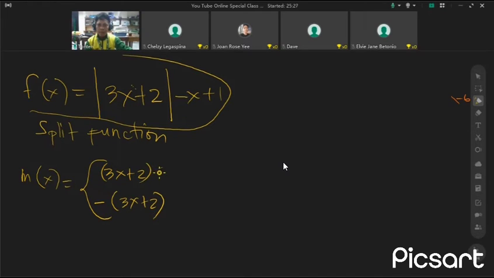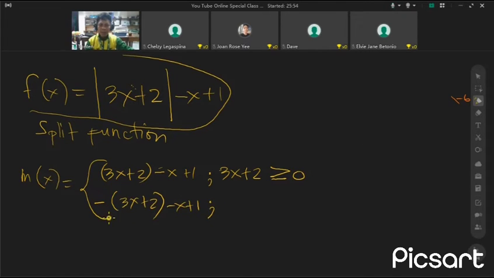Then bring down minus x plus 1 and bring down minus x plus 1. We call this side the situation, and the other side is the restriction. This is the restriction. This can be positive if 3x plus 2 is greater than or equal to 0.